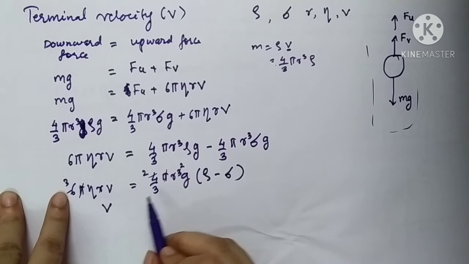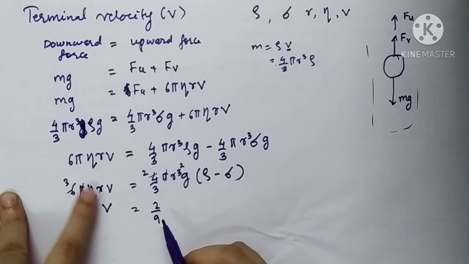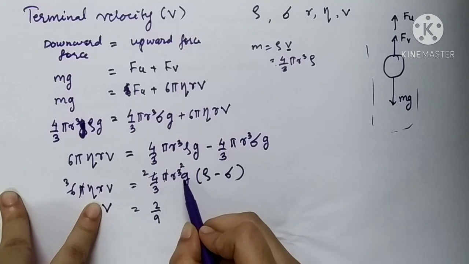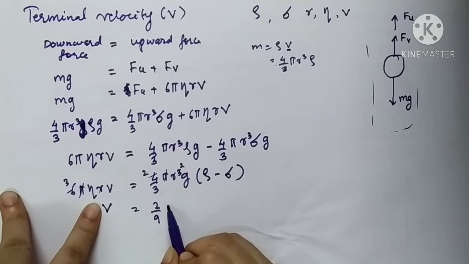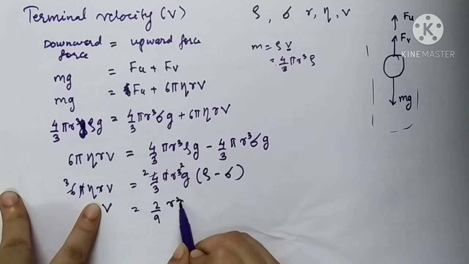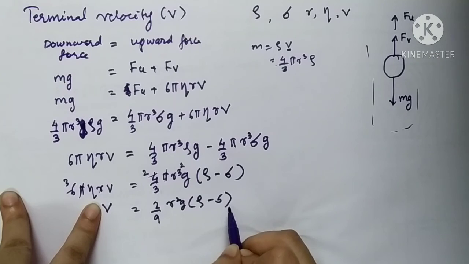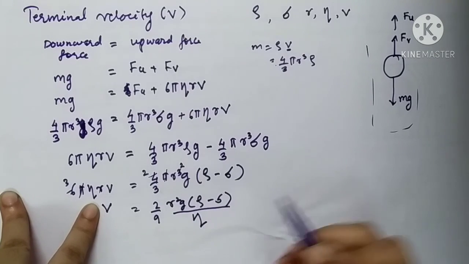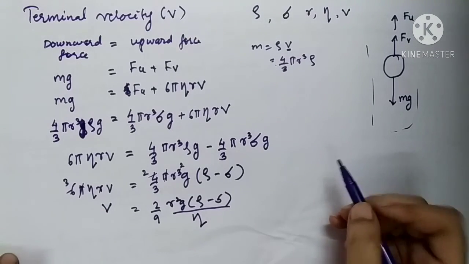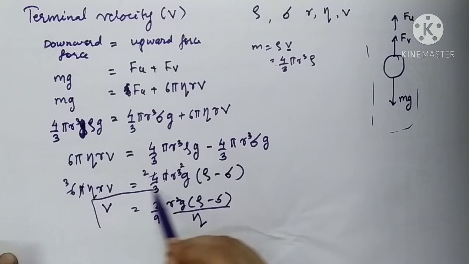When this 3 comes over here, it will become 2 by 9, and 2 by 9 r square g rho minus sigma upon eta. This is the final expression for the terminal velocity.